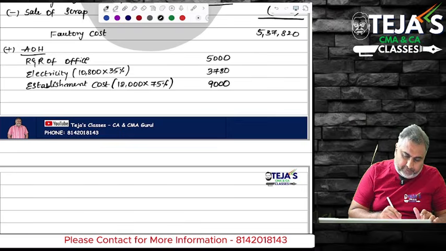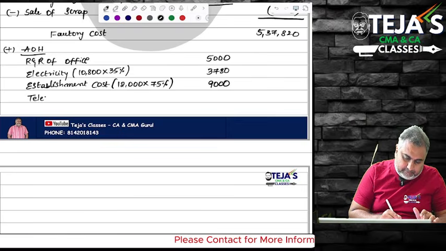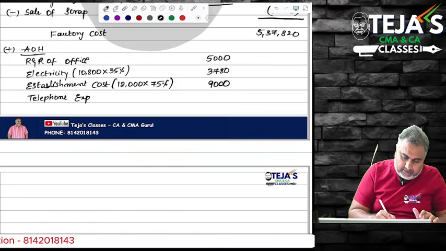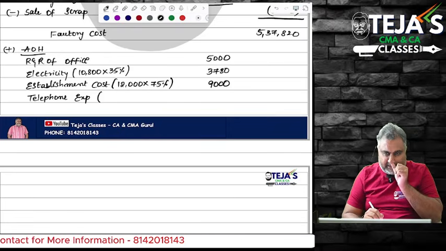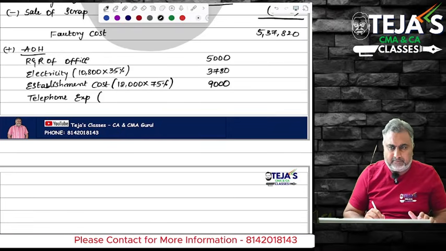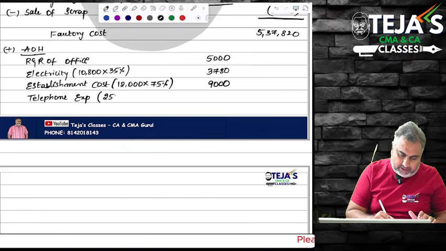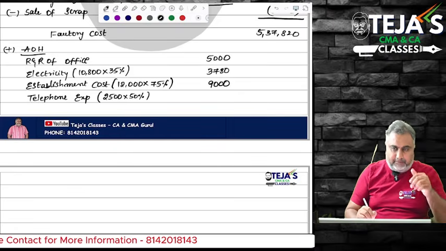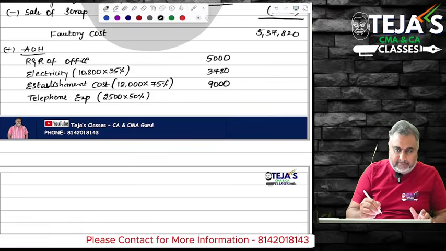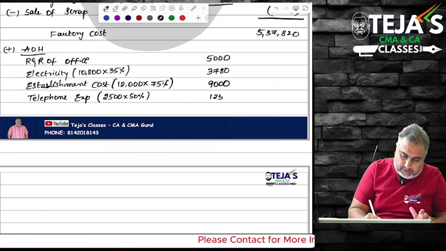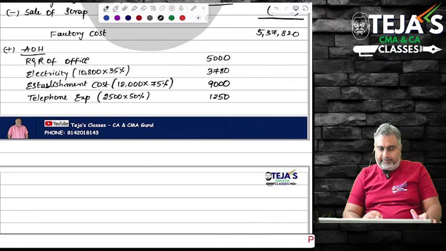Next, telephone expenses, 2,500. 50% belongs to office, 50% belongs to sales. So 1,250.